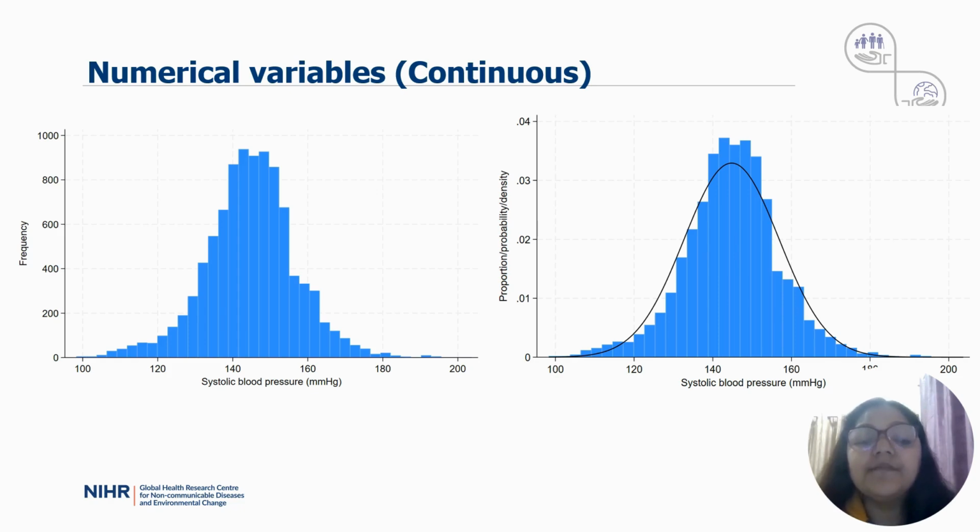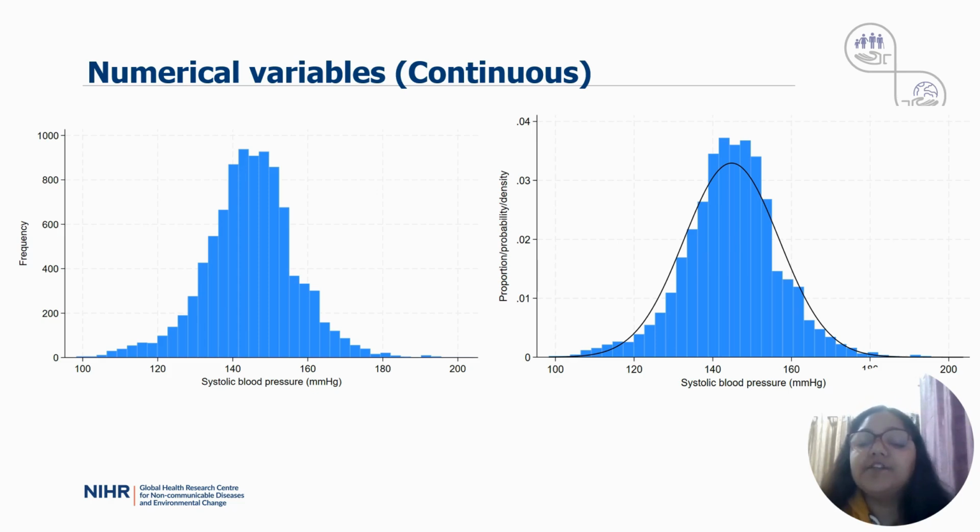So, again, the height of each bar represents the number of people who had that particular value of the continuous variable. However, in this case, because of the infinite number of possibilities between any two values of a continuous variable, it makes more sense to understand this distribution in terms of the number of people who had values in a specific range, below a specific value, or above a specific value.